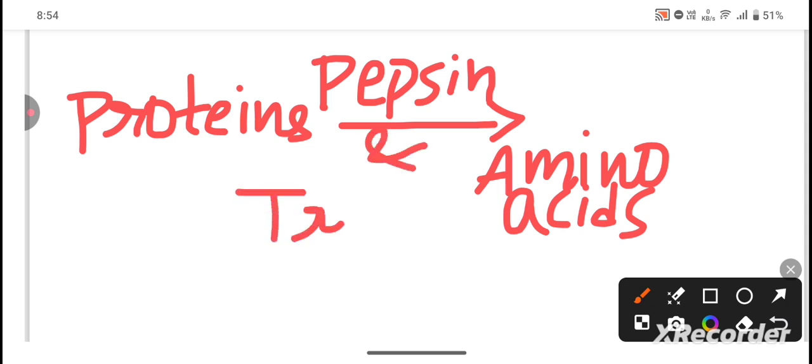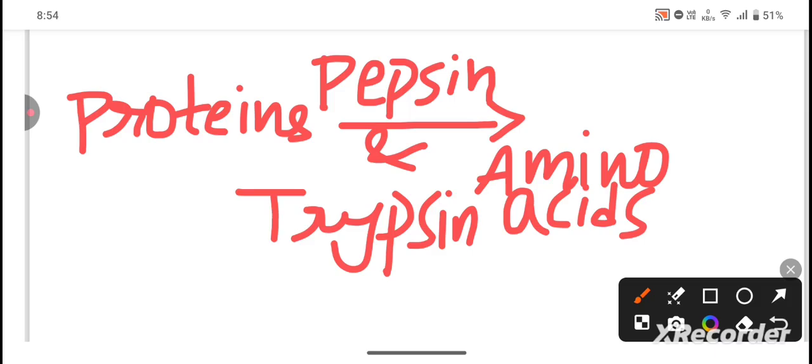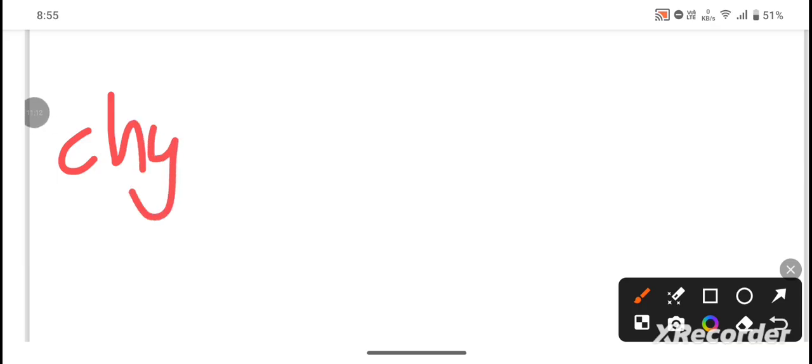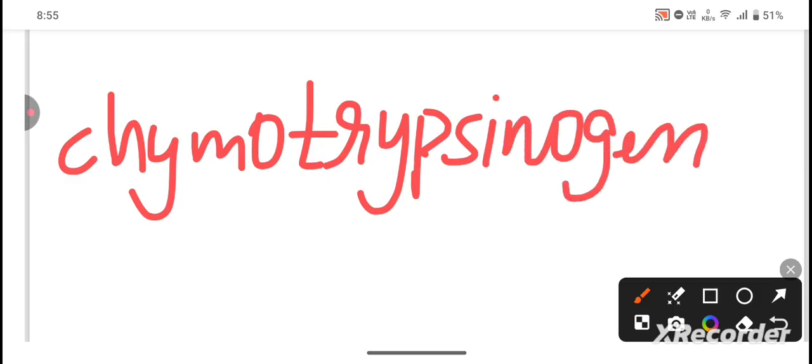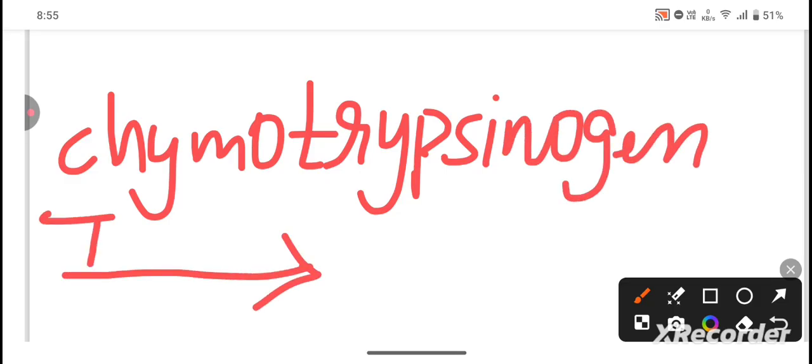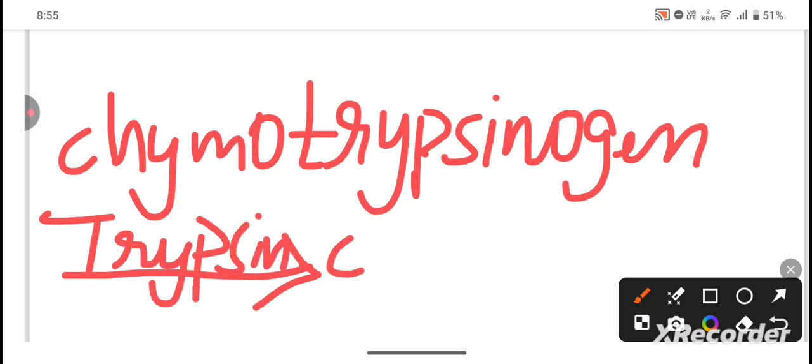And trypsin as well. So due to the action of pepsin and trypsin, the protein will be broken down into amino acids. And there is another enzyme known as chymotrypsinogen. This will be activated by the activated trypsin into chymotrypsin.